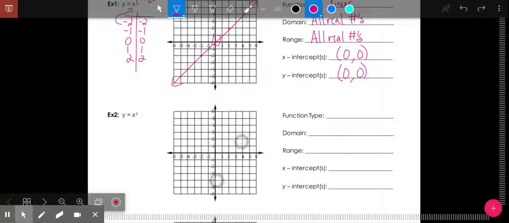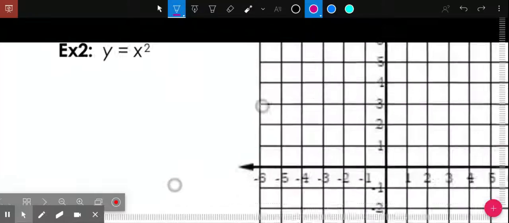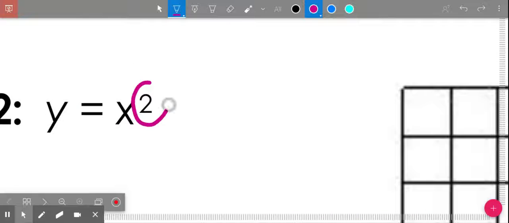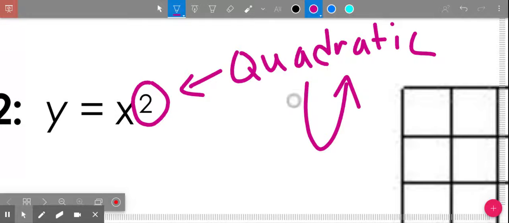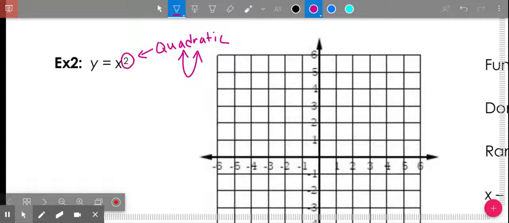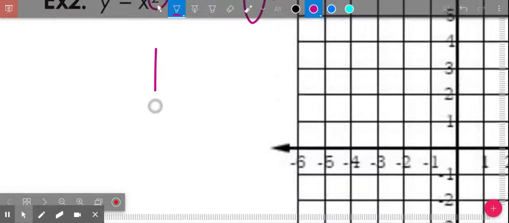The next one, we have y equals x squared. Right here, we see that my exponent is a 2, so that makes it quadratic. Since it's quadratic, I know my graph should look like a parabola. So we're going to make our little input and output table.